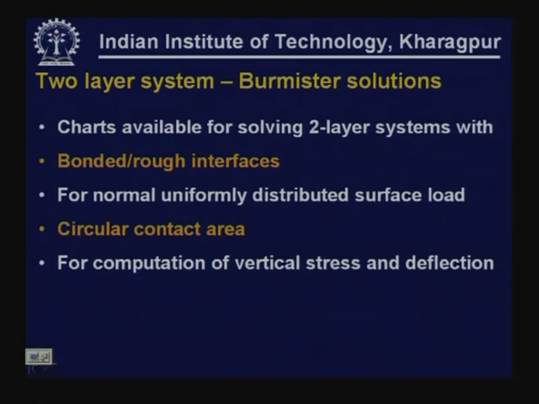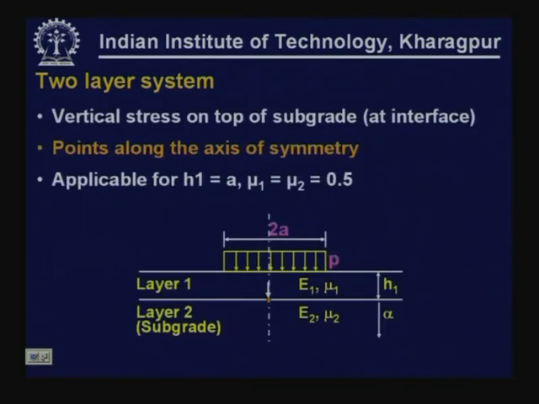Typically charts are available for computing vertical stress and deflection. The vertical stress on top of subgrade, that is at the interface between the pavement layer and the subgrade, can be calculated with reference to this diagram. The points along the axis of symmetry of the load can be considered.